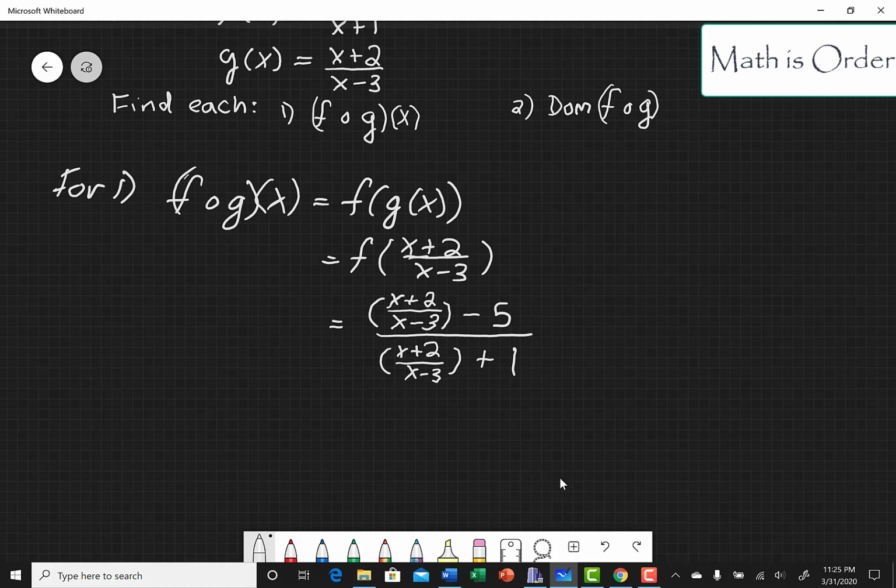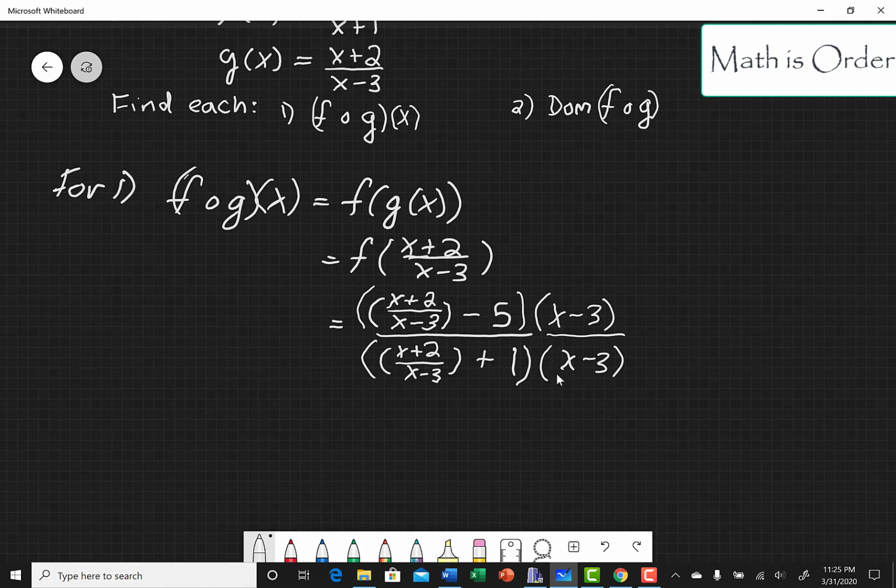So what we can do to simplify this is multiply the numerator and denominator by the LCD, which is what? X minus 3. All right, the reason why this is okay is because we have it on top and bottom.